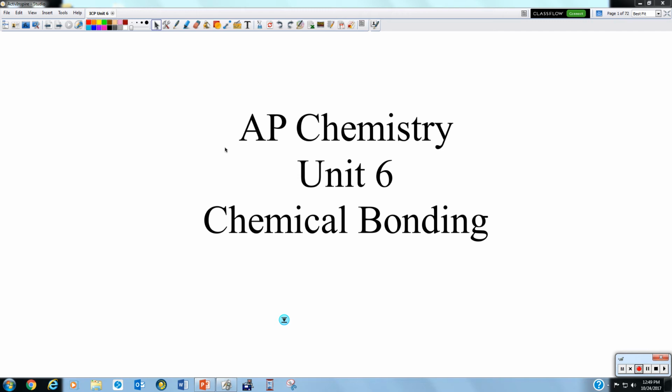For example, I know we're all pretty shaky when it comes to creating Lewis structures for complex molecules and things like that. So we'll have to go back and review that some. But for the most part, I don't want to spend more than a week and a half on this material. So let's go ahead and get started.